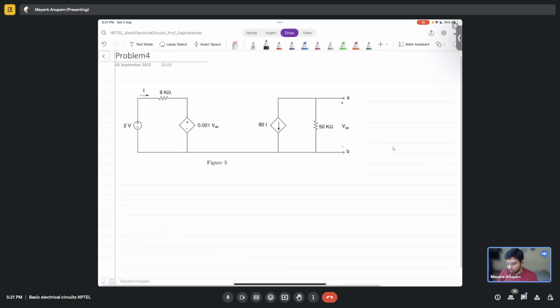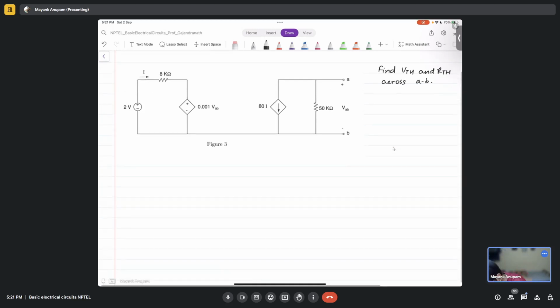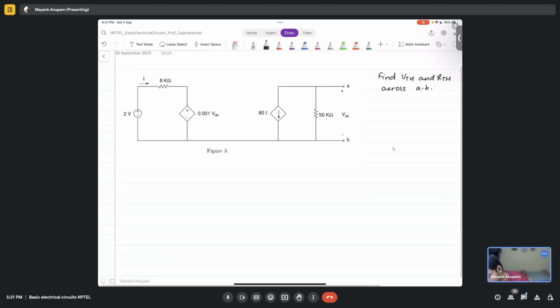So tell me, I want to find out the Thevenin's equivalent here across AB. How will I do this? How will you find out VTH?